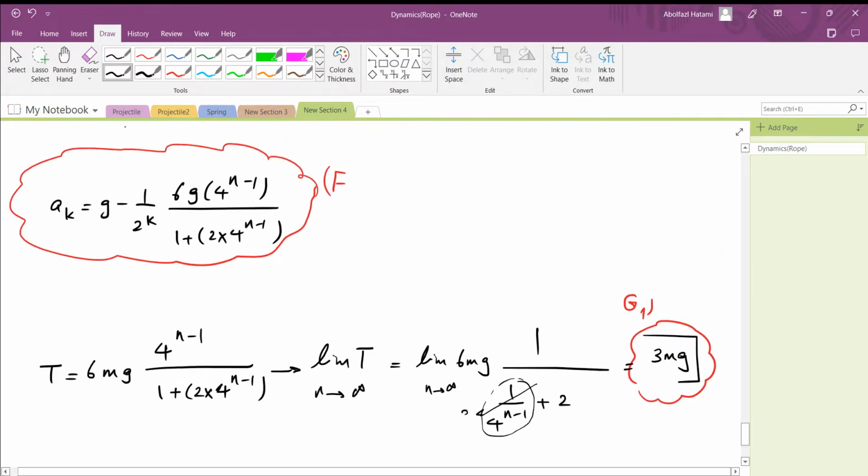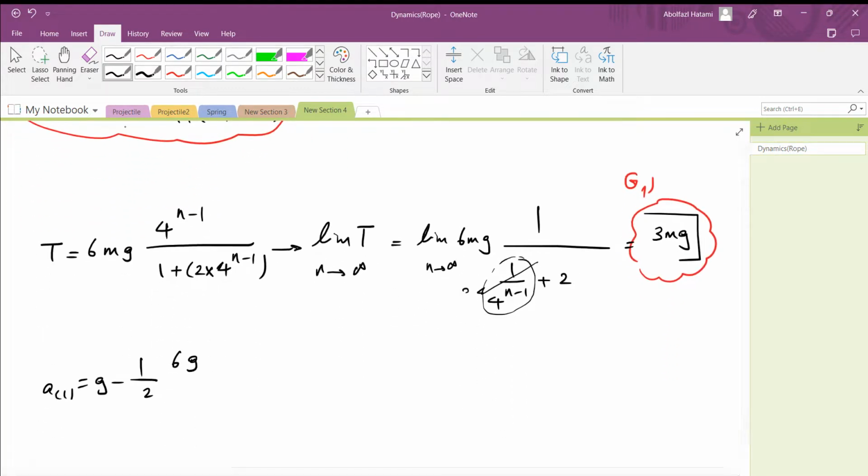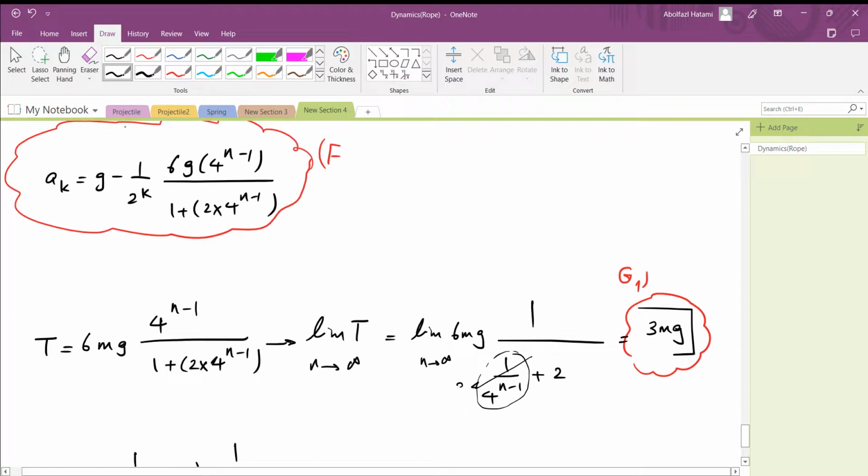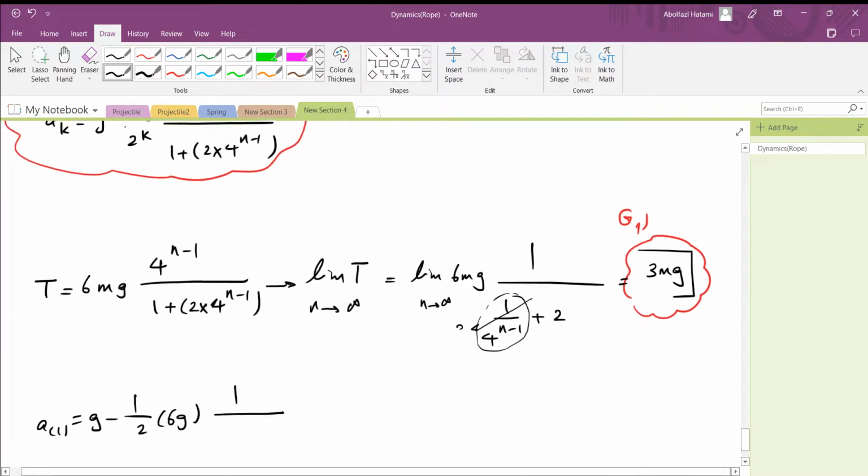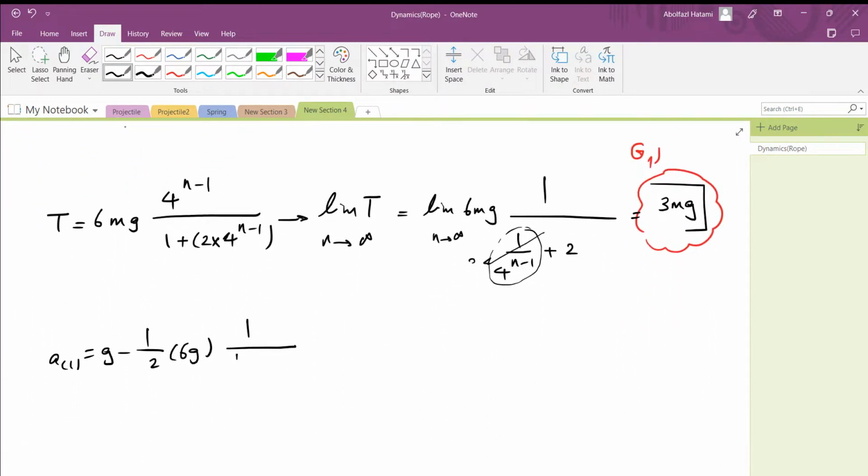times 6g, over 4 to the power n minus 1. Let me divide again both numerator and denominator by 4 to the power n minus 1.